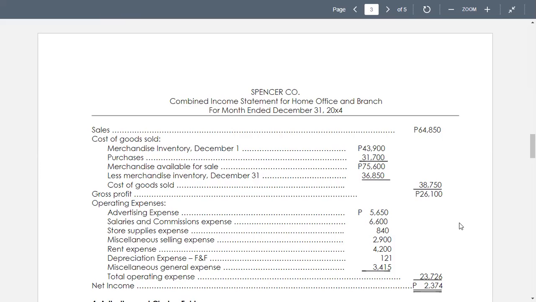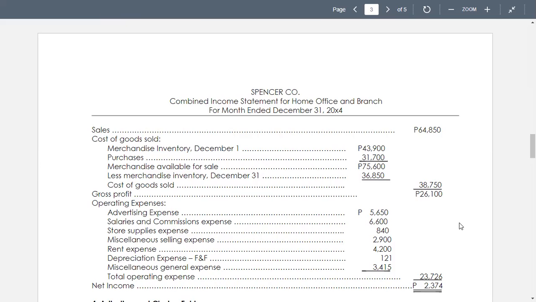We add purchases. We now get the total merchandise available for sale. We deduct the inventory end or December 31 for 36,850. Your gross profit is 38,750.